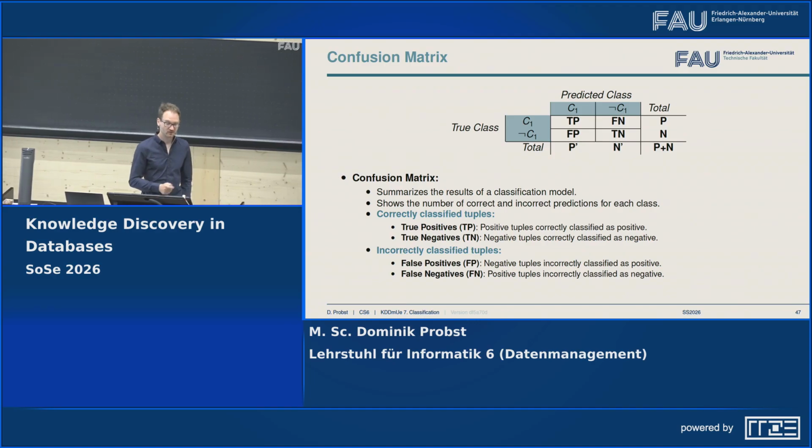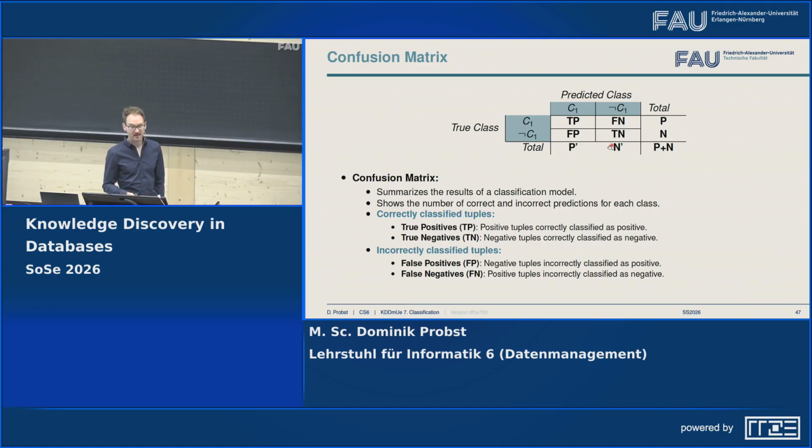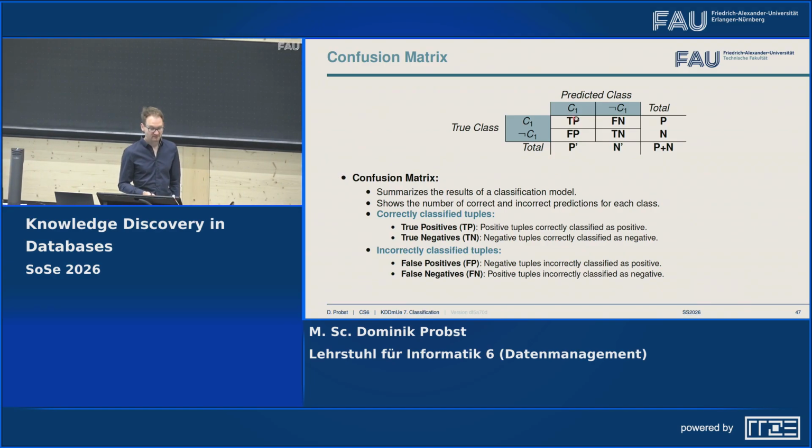If we draw this confusion matrix, then if we are predicting buys computer yes, and the true class is also buys computer yes, then we have a so-called true positive. So we are predicting the correct thing which we want to predict, and it's of that class.